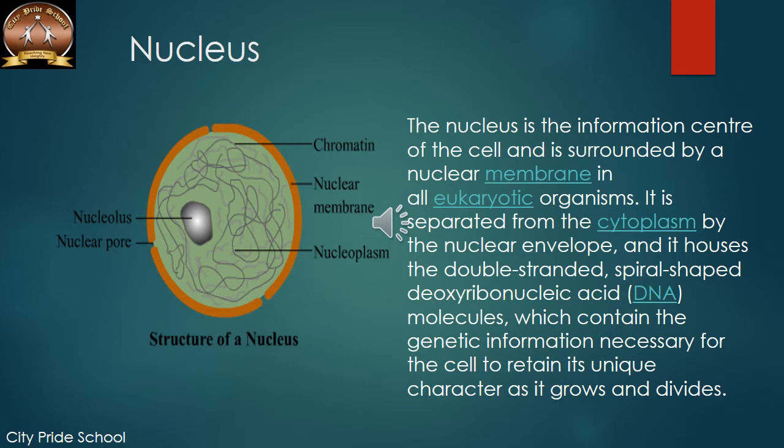Now, in the nucleoplasm, we have two main structures which are embedded, and that is the nucleolus and the chromatin fibers. Now, this nucleolus is a structure which does not have a membrane as such.